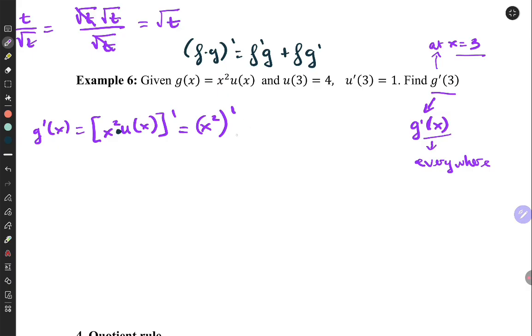Take a moment and write it out according to the formula: f prime g plus f g prime. Don't try to take the derivative in your head. In calculus we have the privilege of going slow. It's not about doing it fast, it's about doing it correctly, and by doing correctly, you need to take a notch down. Okay, 2x. Now, one by one.